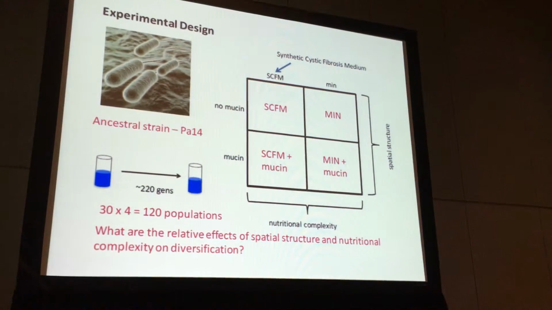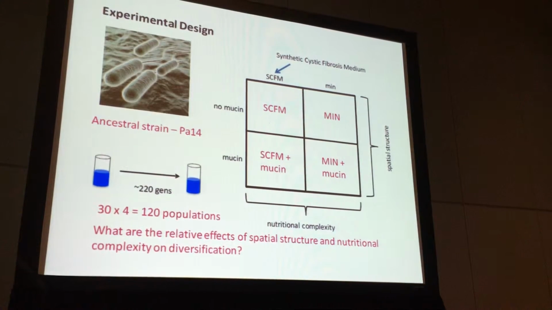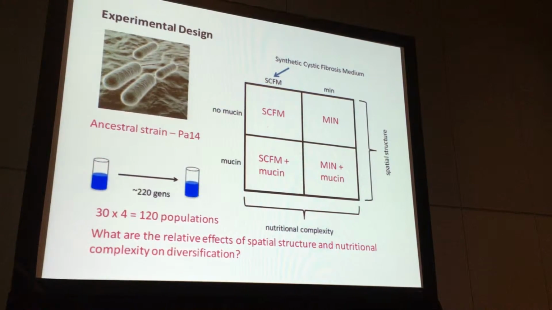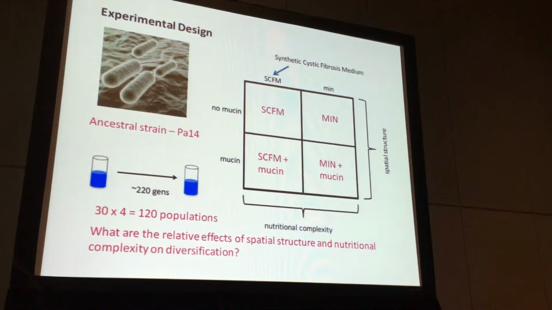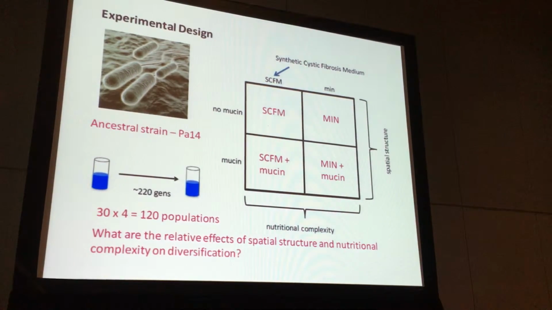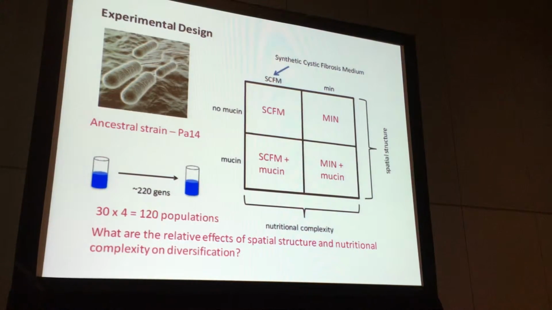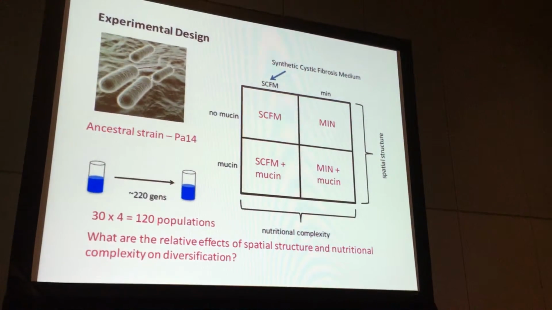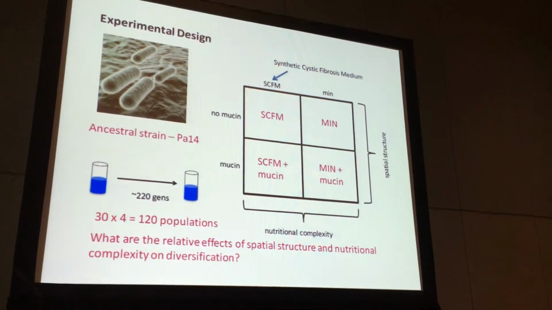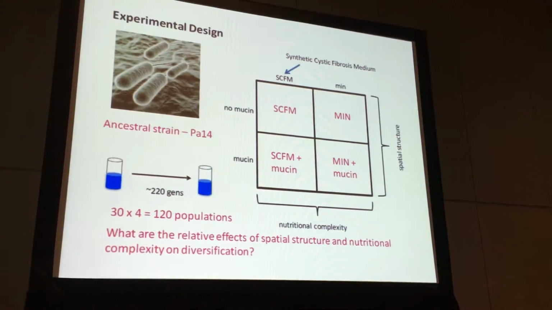It's a medium that we can use in the lab that has the same concentrations of chemicals, salts, amino acids, and macromolecules, all the things that are present in the lung, in the same concentration. We know that it's not a lung, of course. There are many things missing, like an immune system, for example. But it's the closest thing that we can get to mimicking the lung environment nutritionally in the lab.